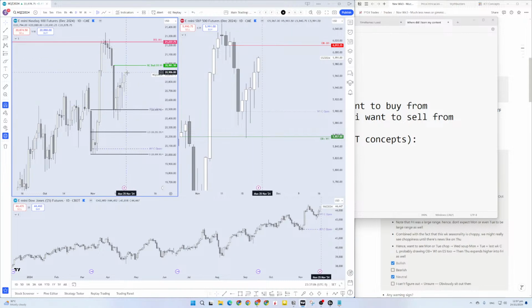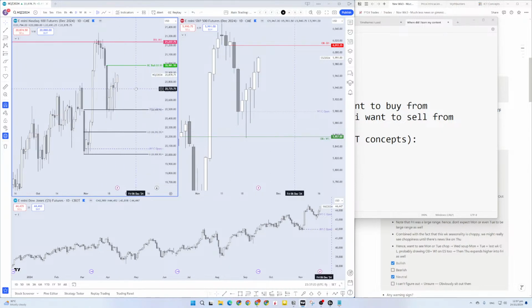You see this RC Bull D1H. This basically means relevant candle, a bullish one, meaning I expect to buy in this area, daily high.